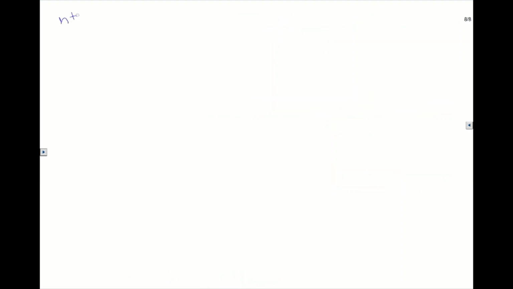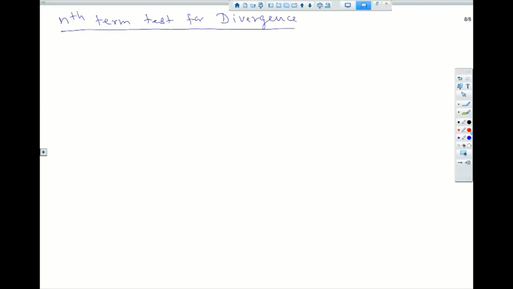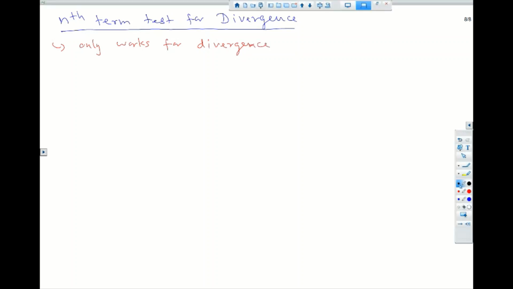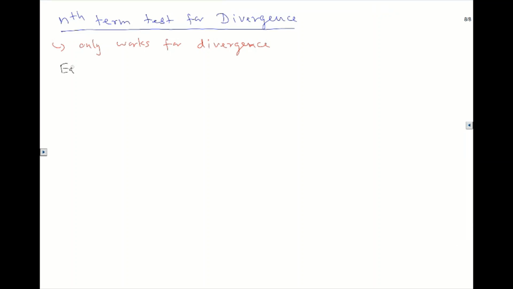Unfortunately, this test only works for divergence, so we cannot test convergence with it. Let's look at one example just to get the idea.